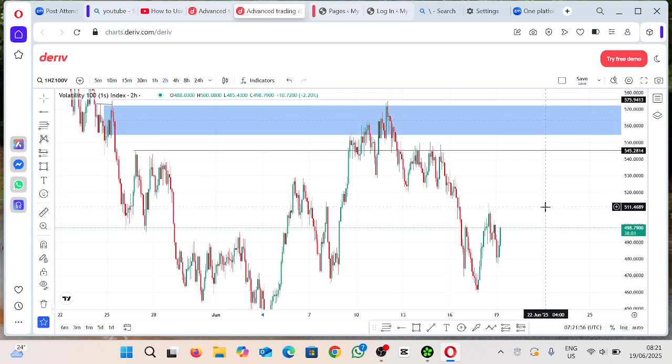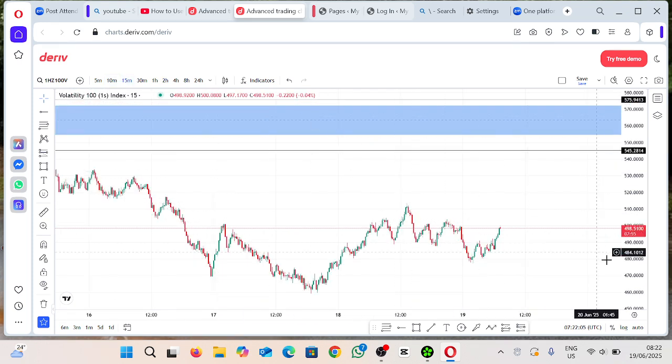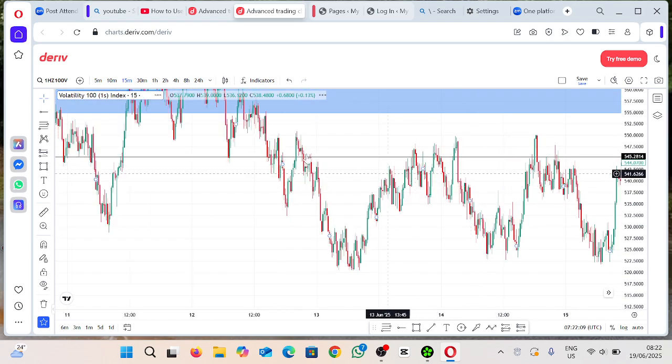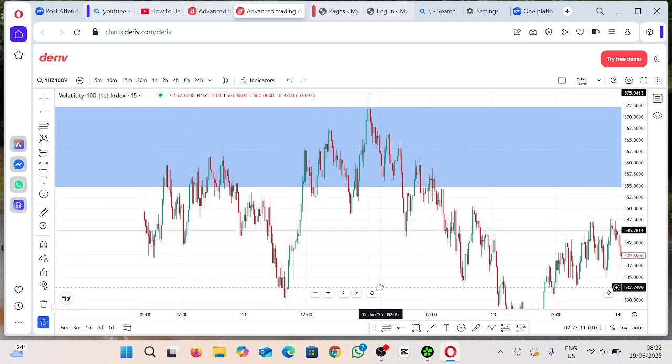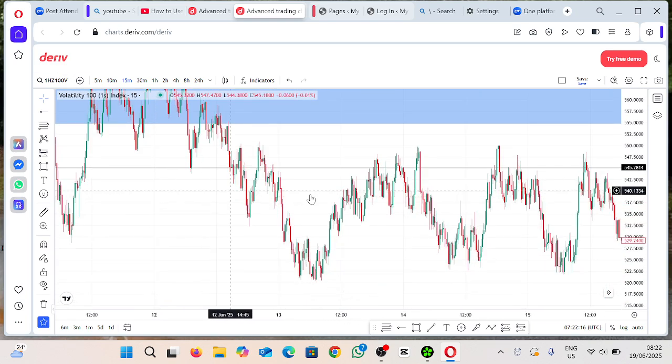What do we do next? We go to the 15 minutes time frame to start looking for our structure. You could see that there are a lot of structures that have already played out in this V100 already. So let's begin from the POI. Now we can see our structure.